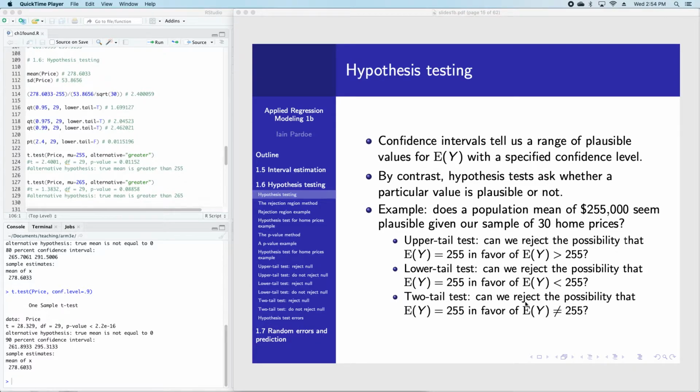And then the third flavor is a two-tail test, and that would come from a question like, can we reject the possibility that the population mean is 255 in favor of the population mean not being equal to 255? So a two-tail test has a not equal sign. We're going to focus on the upper tail test first, and then in a later video we'll talk about the other types of test.